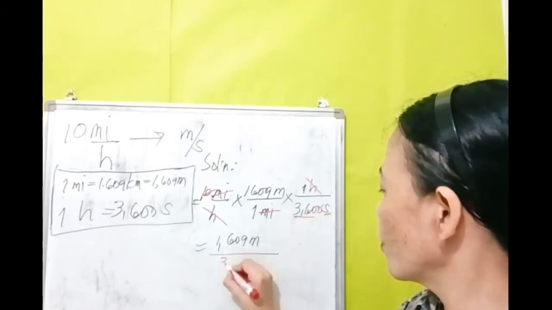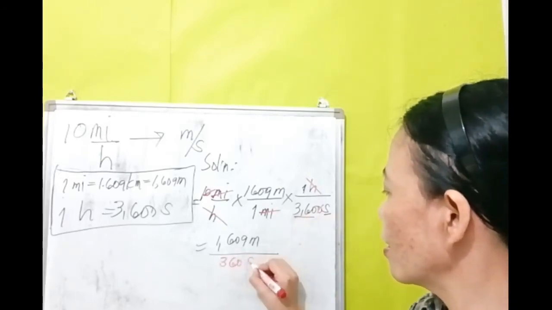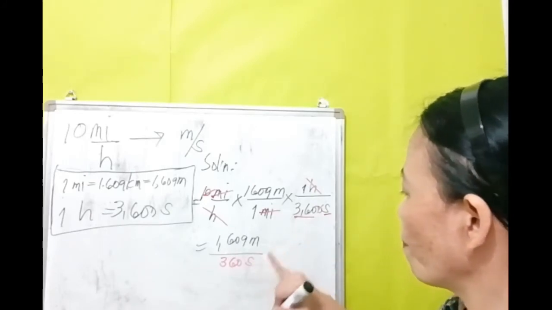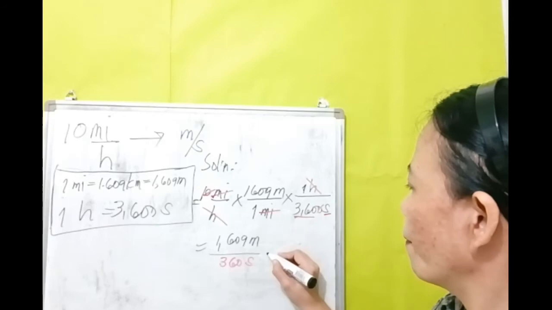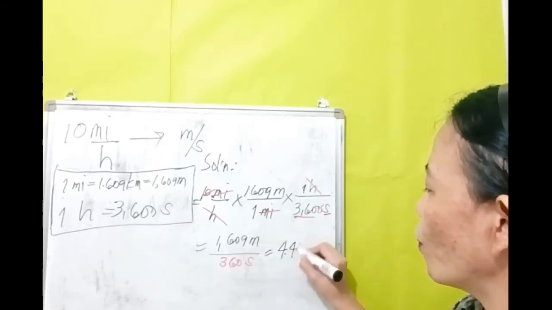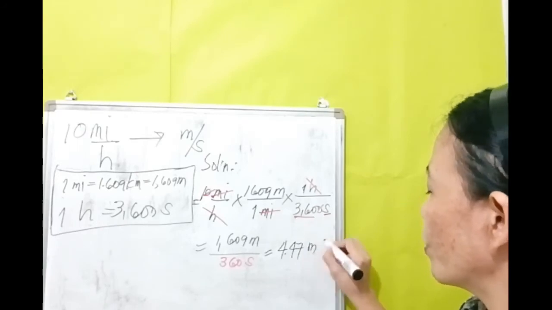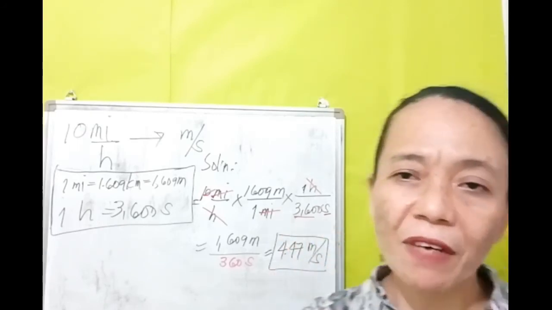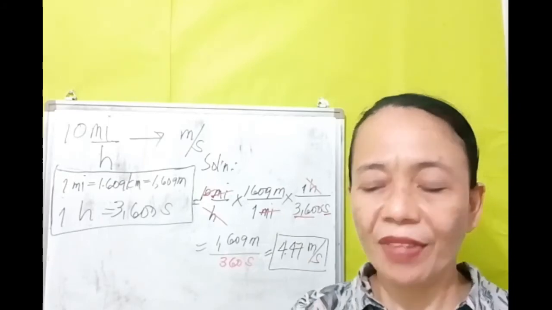Okay, so 360 seconds. So what is the final answer? Okay, so we have 4.47 meters per second. So this is the final answer.